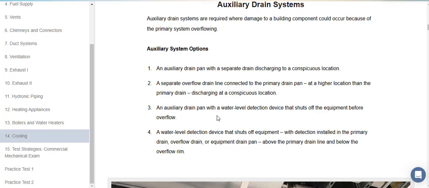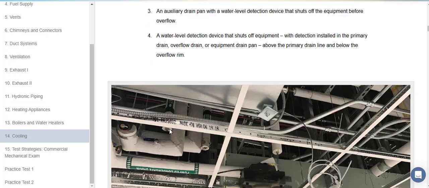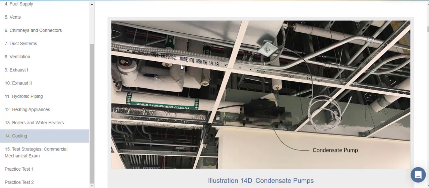An auxiliary drain pan with a water level detection device that shuts off the equipment before overflow. 4. A water level detection device that shuts off equipment, with detection installed in the primary drain, overflow drain, or equipment drain pan above the primary drain line and below the overflow rim.